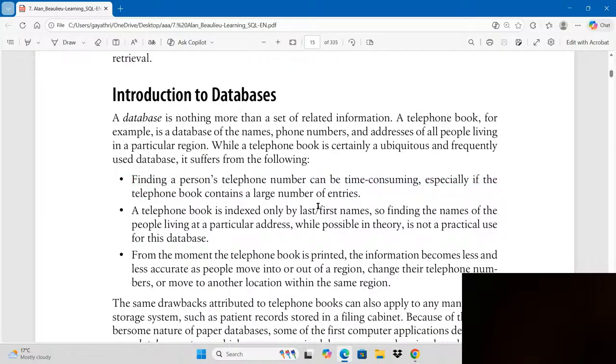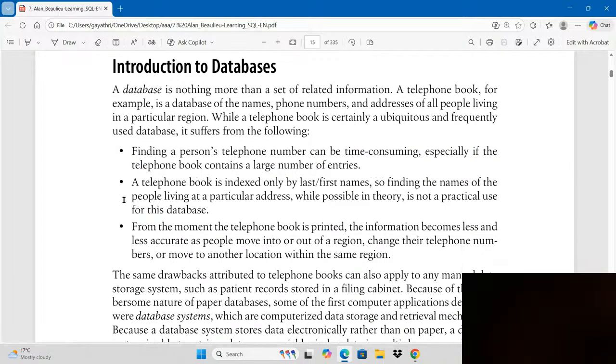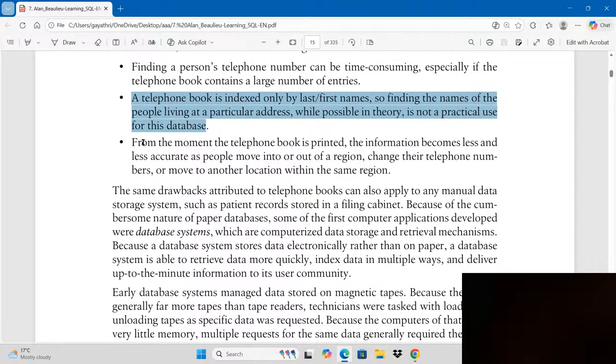Finding a person's phone number can be time consuming, especially if the telephone book contains a large number of entries. A telephone book is indexed only by first or last names, so finding the names of the people living at a particular address is not practical.